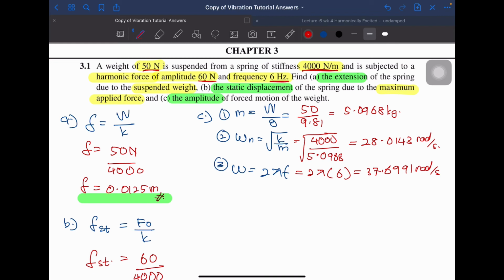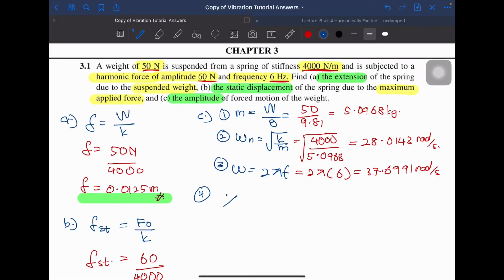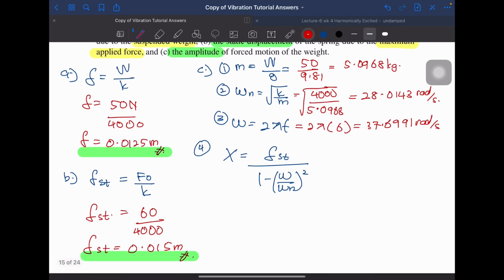And the fourth step is to use the formula from just now, where x equals static deflection over 1 minus (omega over omega n) squared. We already have all the values for this equation, so substitute all of them.